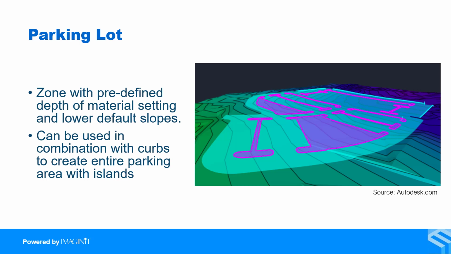It can be used in conjunction with curb definitions. So I would place a zone for a parking lot, then I would place curb definitions on top of it. Once it figures out the overall slope of the parking lot, it would then assign the curb at the specific curb elevation and then automatically create things like islands or the edge of the parking lot.